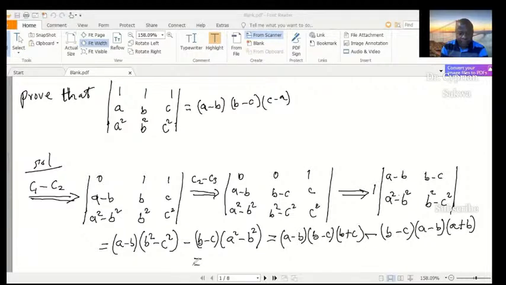A minus B is here, B minus C is here. We have A minus B, B minus C. So it's common. A minus B, B minus C is common. So put it outside the bracket. This A minus B multiplied by B minus C would go into this B plus C times.